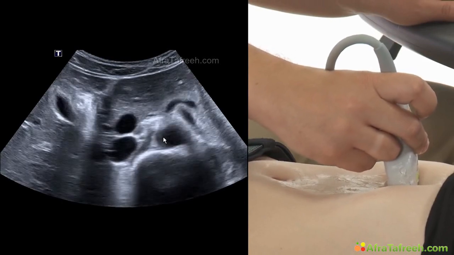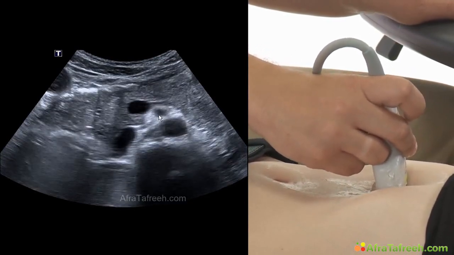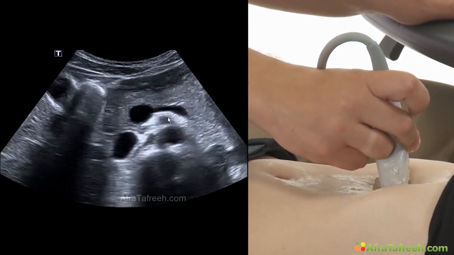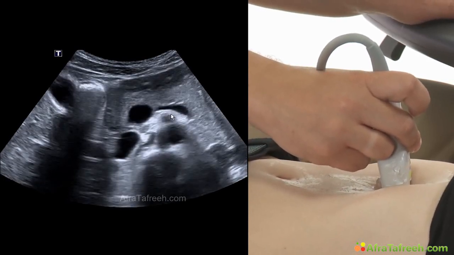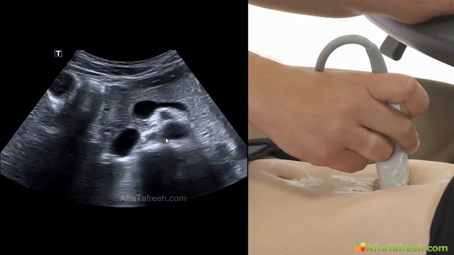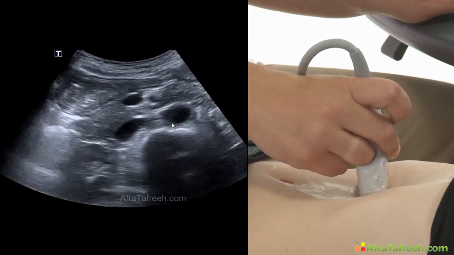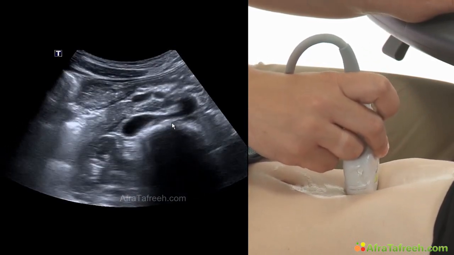We follow the aorta more caudally, and we can see the superior mesenteric artery in transverse view, so it's round shaped like the aorta, and it's following the aorta to a more caudal region of the abdomen.